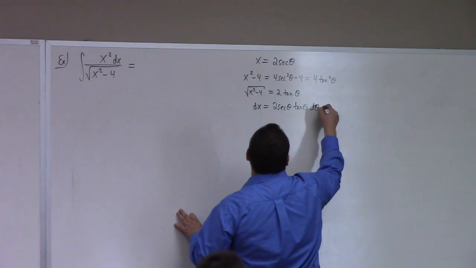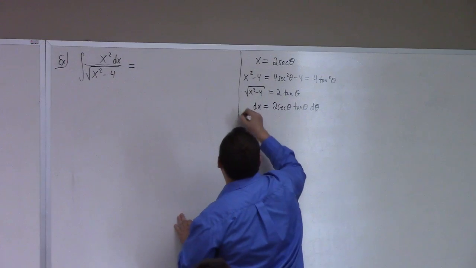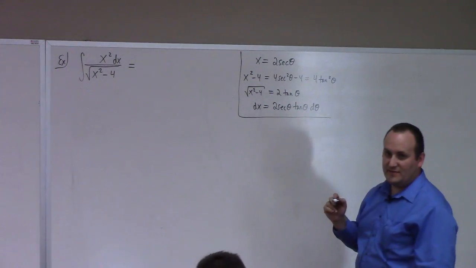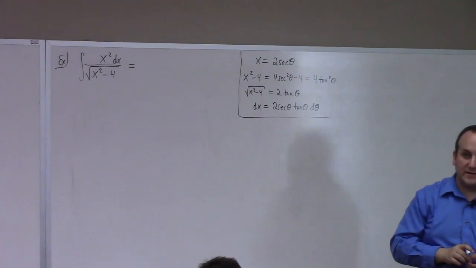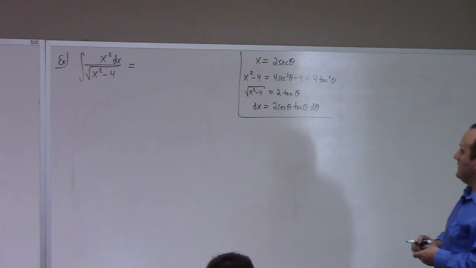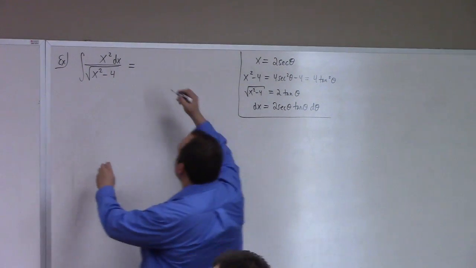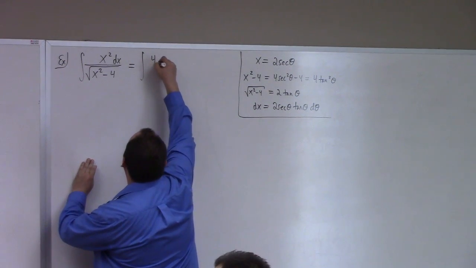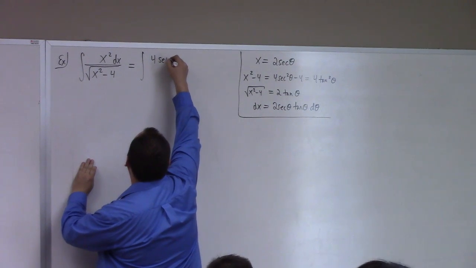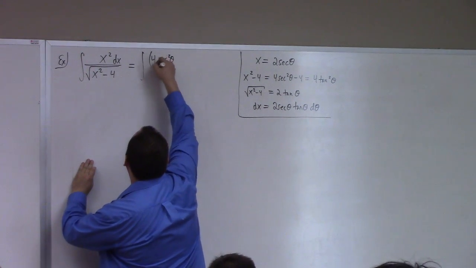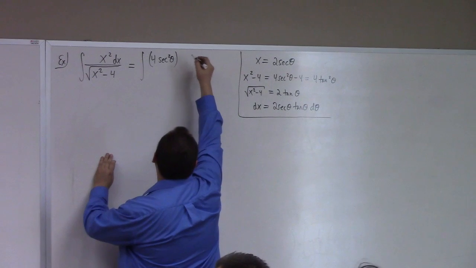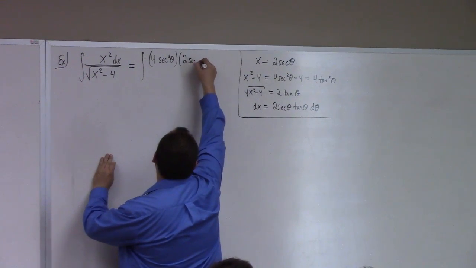If you didn't know the derivative of secant before, you'll know it after this section, that's for sure. You can't miss it. So the derivative of secant is secant tangent. All right, so put it in. We've got 4 secant squared theta from the x squared. I got myself a dx, 2 secant tangent.